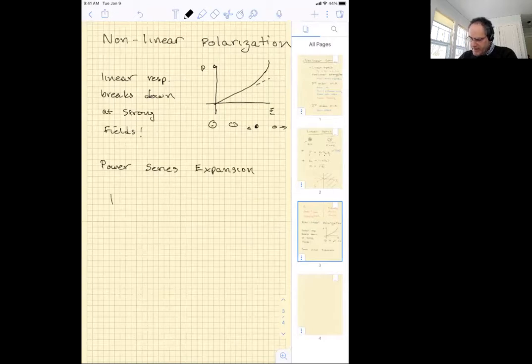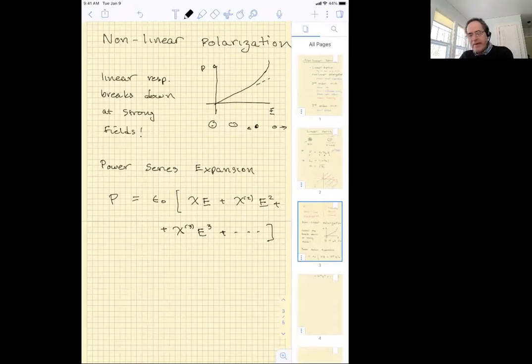So we can say that the polarization is equal to a constant, epsilon naught, times the susceptibility times the electric field, plus another constant called the second order susceptibility, or chi2, times the electric field squared, plus another constant, we'll call it the third order susceptibility, times the electric field cubed, plus, and our power series can go on as far as we want.